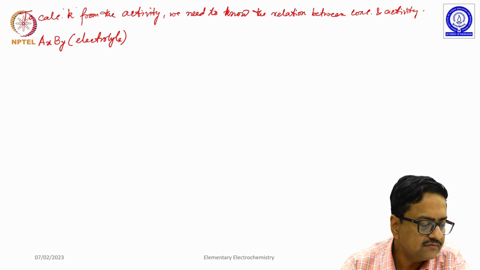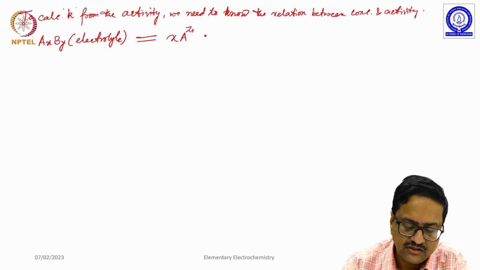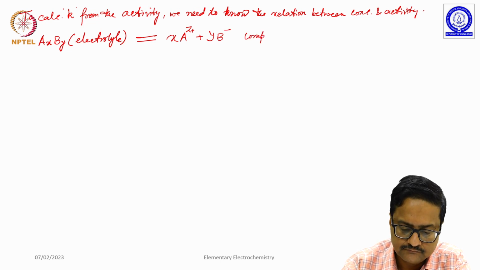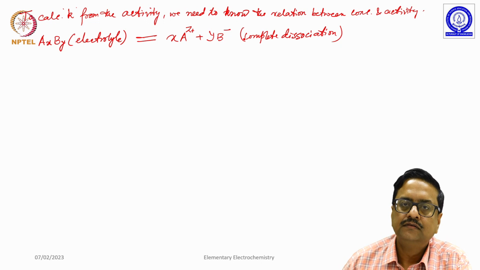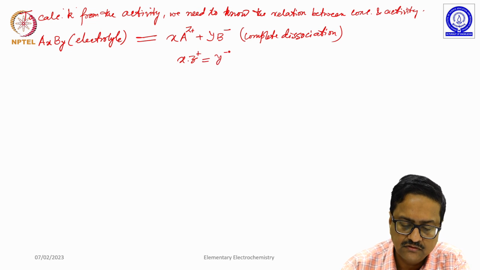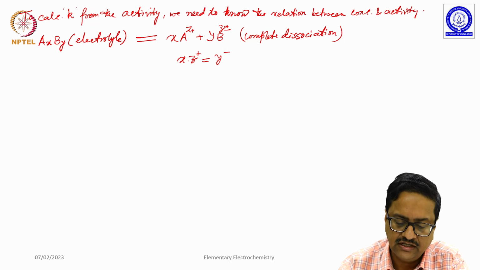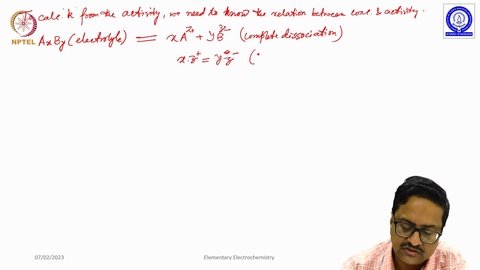And when you dissolve this in water, it completely dissociates into X A^Z+ plus Y B^Z-, such that X into Z plus is equal to Y into Z minus, so that it is electrically neutral.